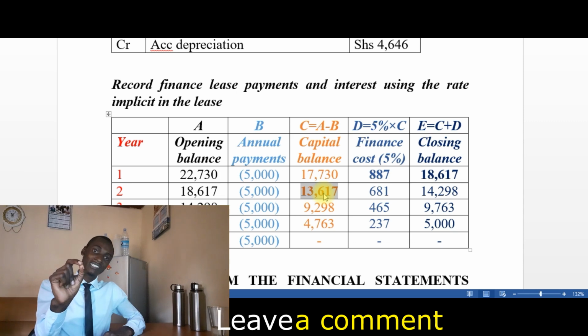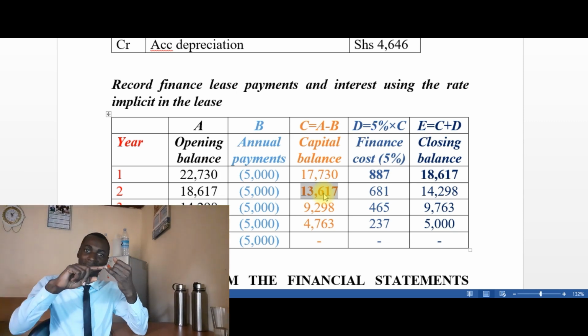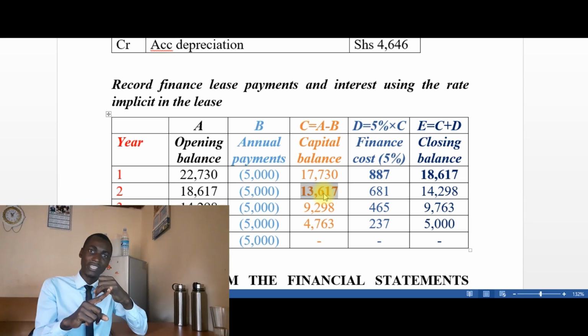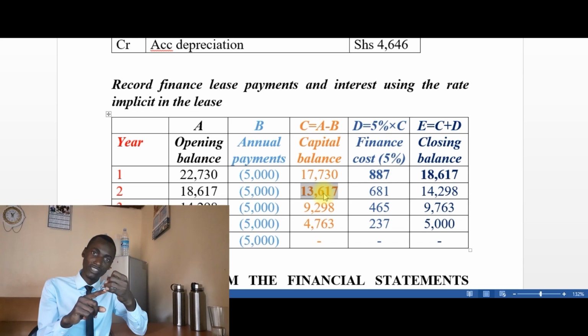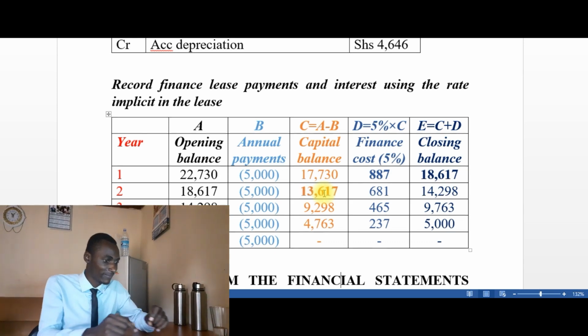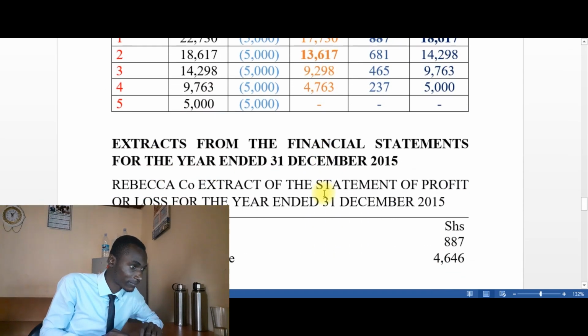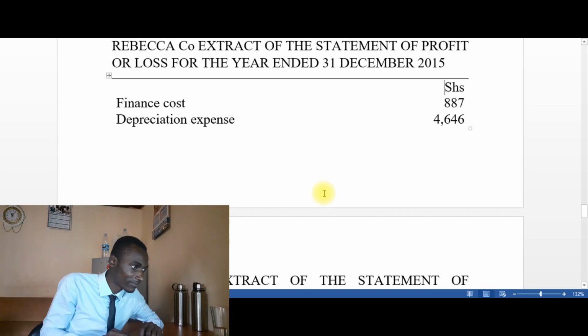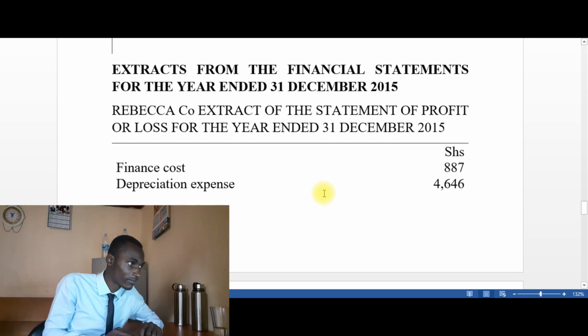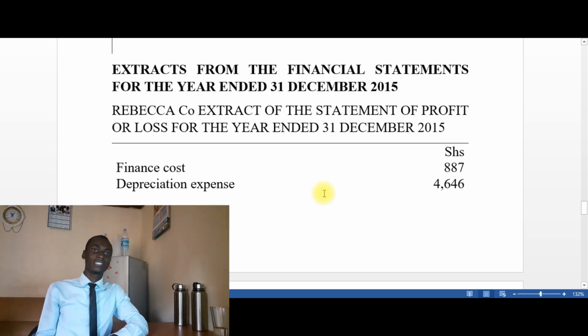Now, how would we present our information in the financial statements? Remember, we have to present some information in the statement of profit or loss, that is depreciation and the interest expense. That is our extract of the statement of profit or loss for the year ended 31st December 2015.